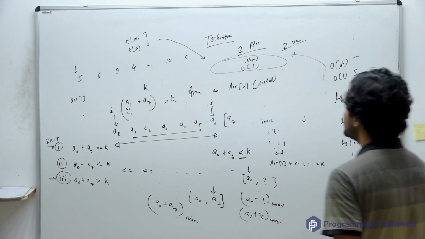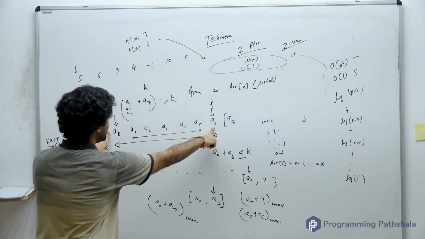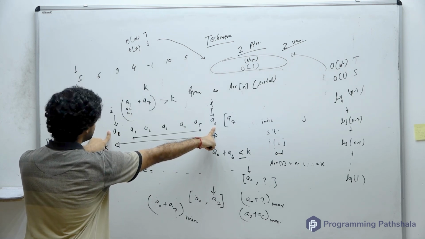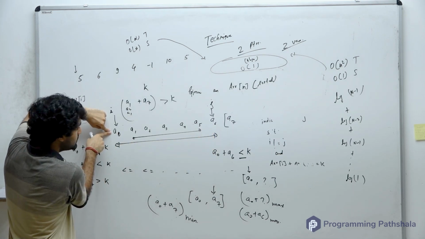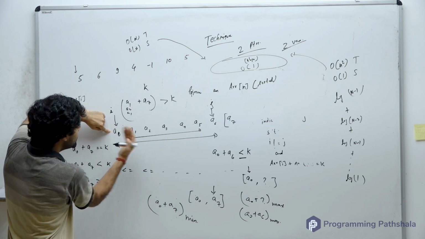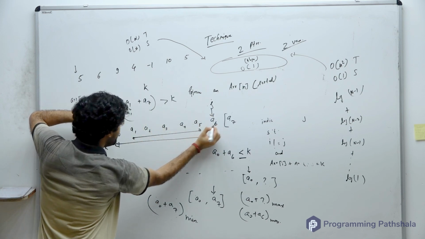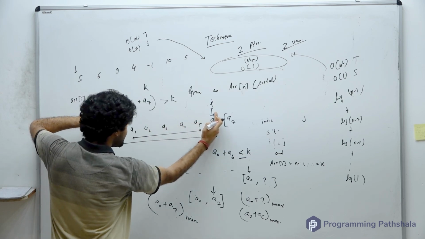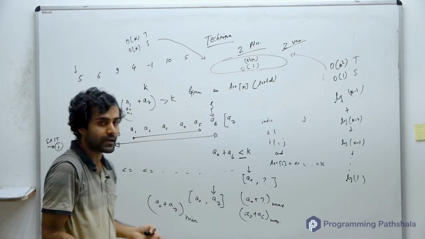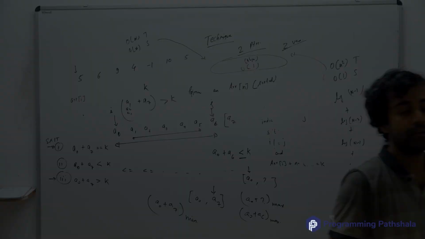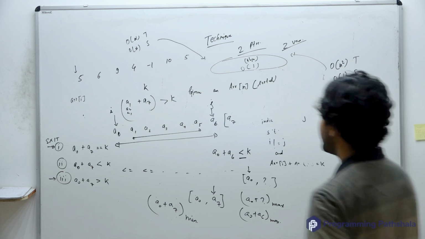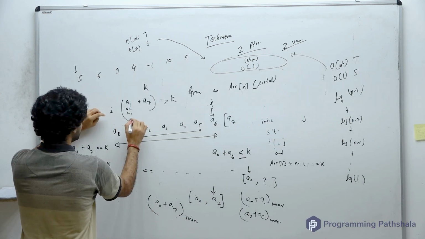This being the reason, I can easily say that this A0 is basically useless for all these. It does not have the capability to pair up with any of the elements in this part and create a sum equal to k. So in this case, I will move this pointer.